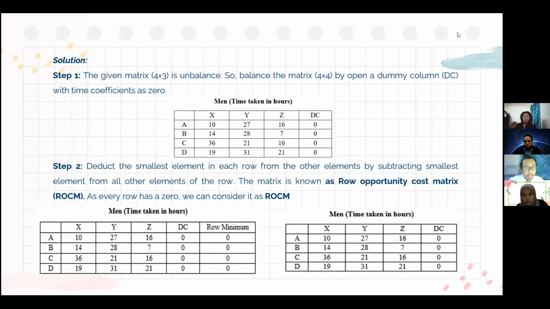The matrix is known as the row opportunity cost matrix, ROCM. As every row has a 0, we consider it as the ROCM.